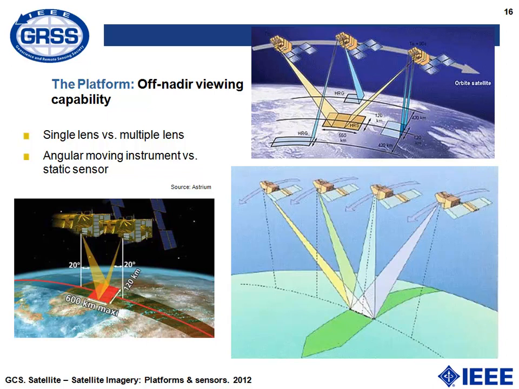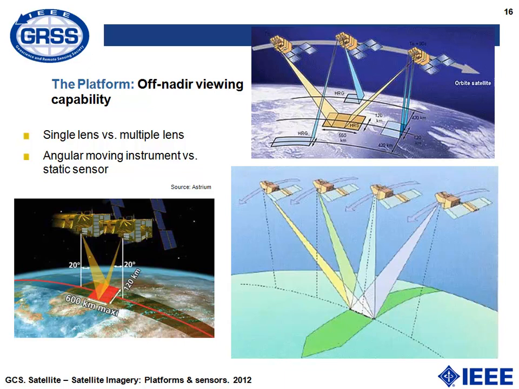One of the key technical tools to improve this revisit time is the use of off-nadir viewing capability. So we can orient the platform, the sensor, or both to take images at a certain nadir angle.